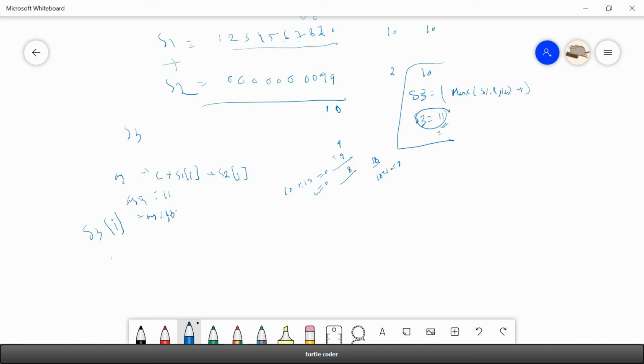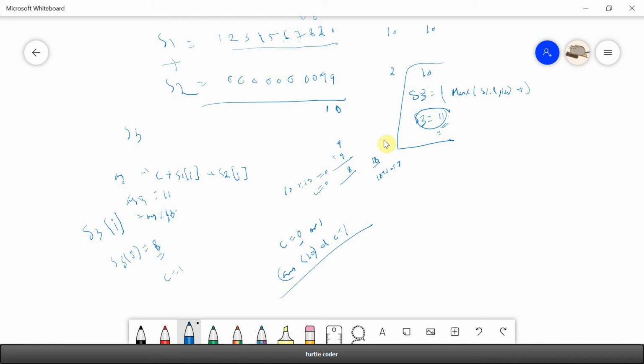In the worst case 9 plus 9, S3 would be equal to 18 mod 10, which is 8, and the carry should be equal to 1. Carry can only be 0 or 1. 0 in the case where it's less than 10. So if the answer bit is less than 10, my carry is 0, else my carry is 1.